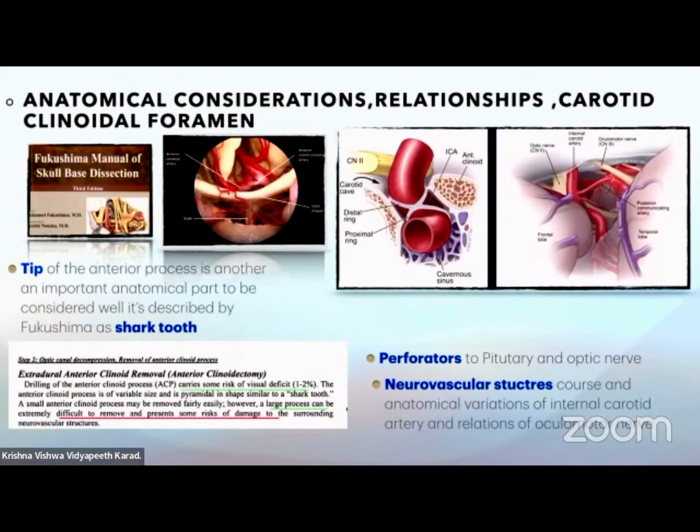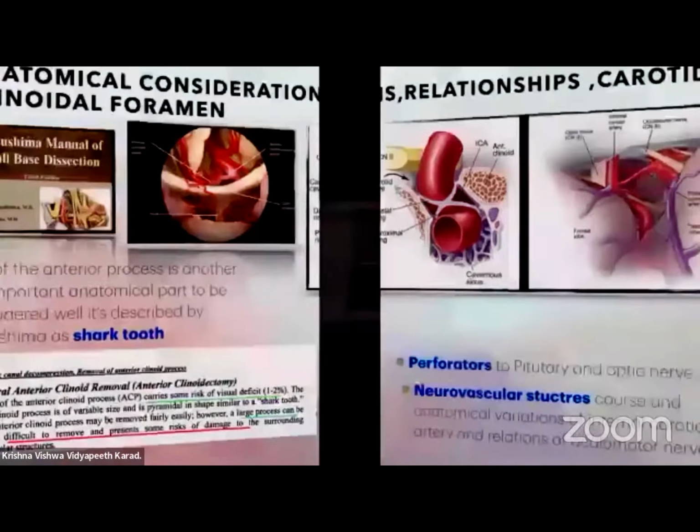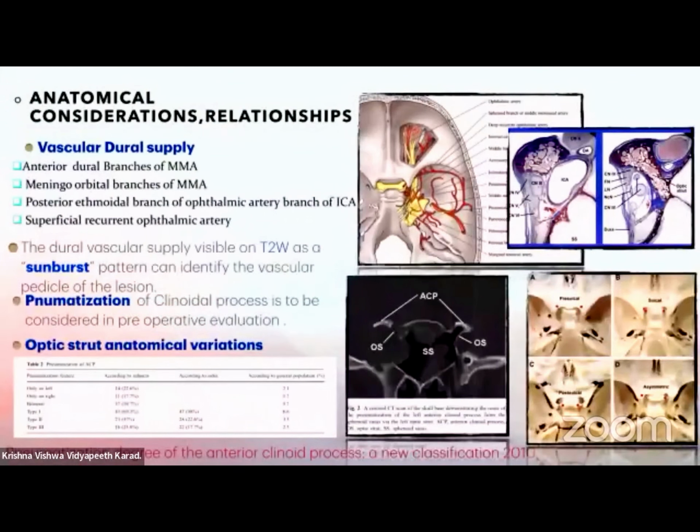The tip of this bone is an important structure too. It was described by Fukushima as a shark tooth because it's sharp and able to injure the neural structures easily. Neurovascular variations, its branches and perforators are to be studied well preoperatively. The vascular supply of this lesion is mainly from dural branch arteries.